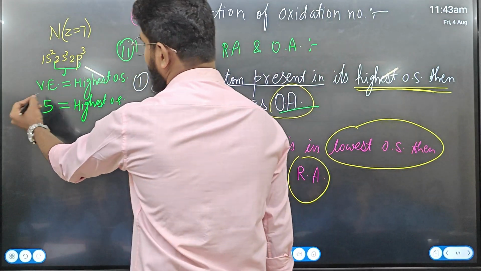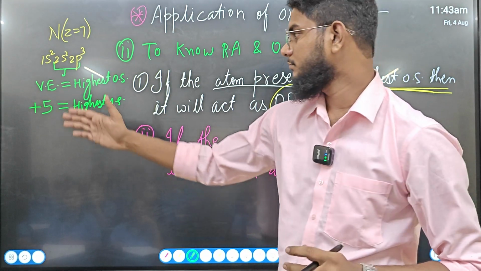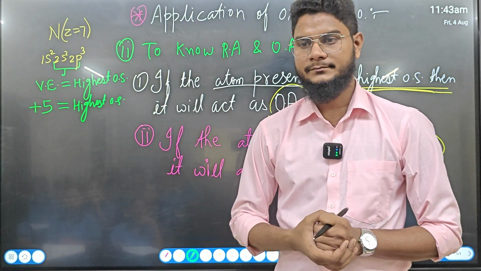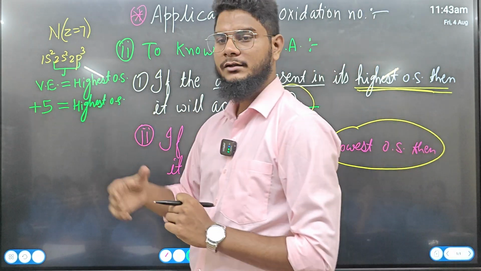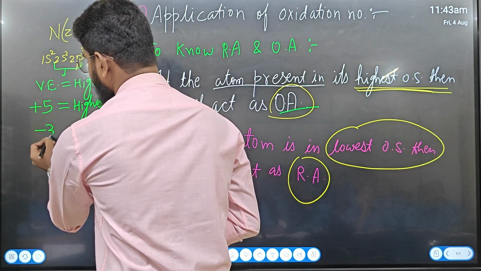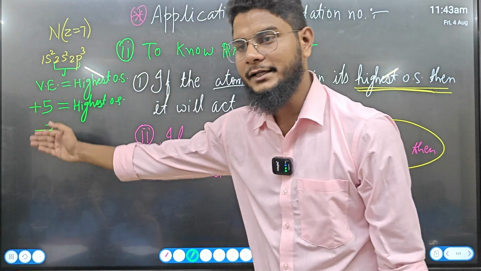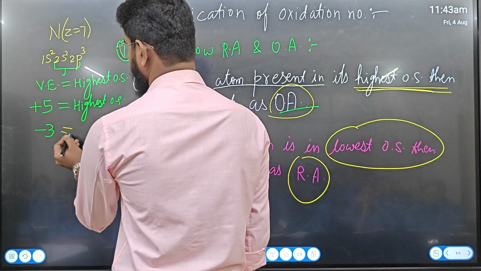It has 5 valence electron. How many more required to complete the octet? 3 more, right? You need 3 more to complete the octet. So you need 3, means you are taking loan from someone. That's why negative. And this is your lowest oxidation state.